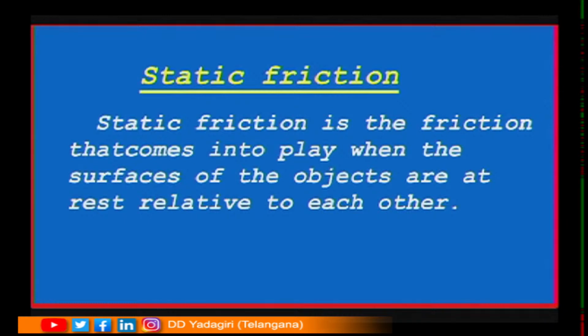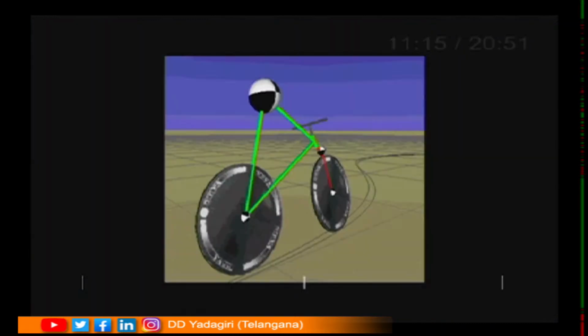Static implies rest. So, static friction comes into play when the objects are at rest relative to each other. Let us see few examples of static friction. The cycle is put on the floor and there is a static friction acting between the wheels of the cycle and the surface of the floor.